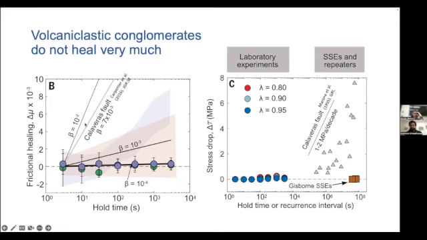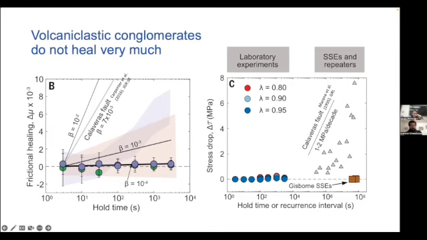This is also a pretty popular choice, say for numerical models. However, best we can tell, the healing rates for our volcaniclastic materials, which are these purple and green dots down here, is probably at most about 10 to the minus 4 per decade, and very likely even lower than that for the range of effective normal stresses that we tried.